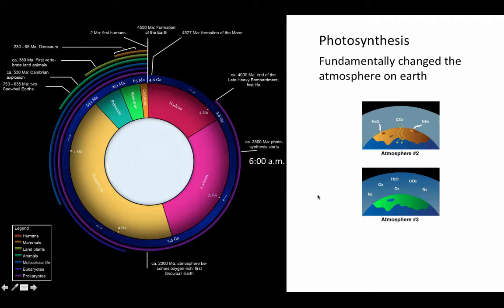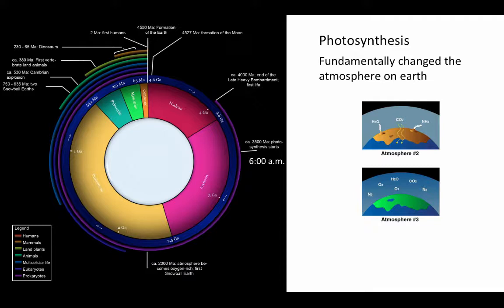So it did take a very long time for oxygen to start accumulating because molecular oxygen gas is highly, highly reactive. The first thing that started happening is this oxygen started oxidizing other substances. So we had a lot of, for example, oxidation of iron, basically rusting, that was taking up all of this oxygen and incorporating it into other substances and sequestering it in the earth.